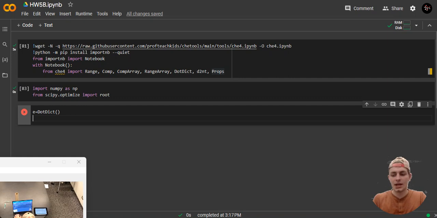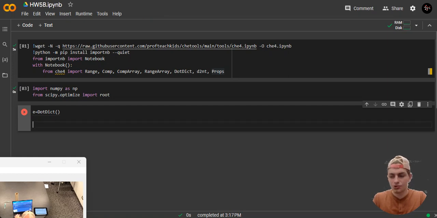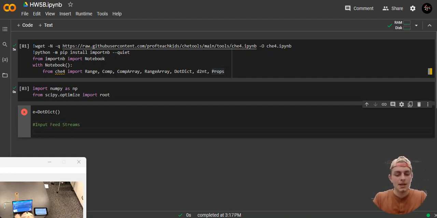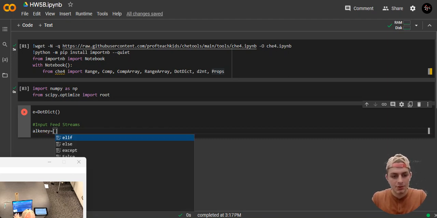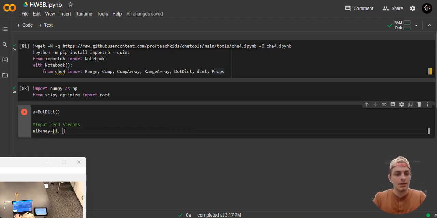Now, as I referred to previously, we were going to write these as arrays. Let's start with our input feed streams, right? So first we need to put our molar flow of alkene, and we're going to reference in here the mole fractions of each component within this array.